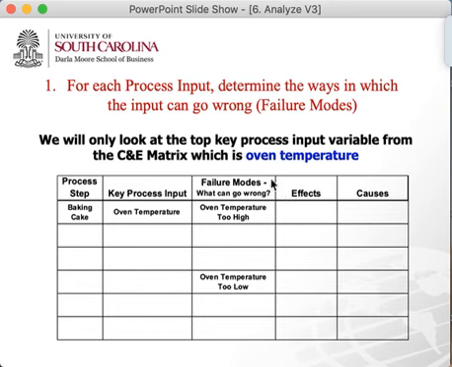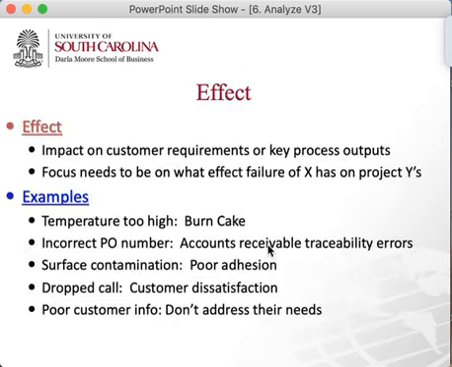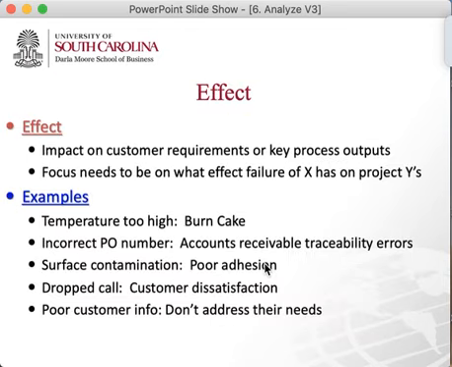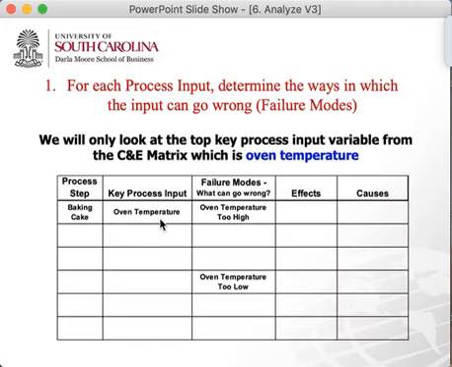What are the effects of being too high and too low, right? Imagine that this is a row, and the oven temperature can be high or low, and high and low could be in different categories. That's why we keep those blank spaces in the middle. So now we go to the effect. What is going to be the effect? Effect is what happens if that failure happens. What happens if the oven temperature is too high? What is the effect on our Y variable?